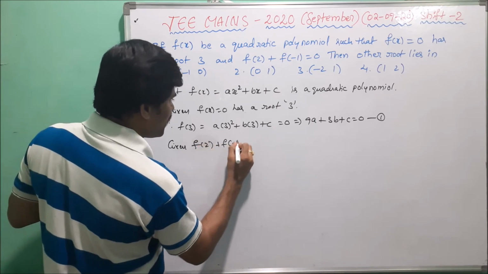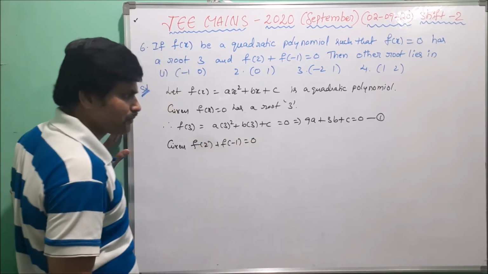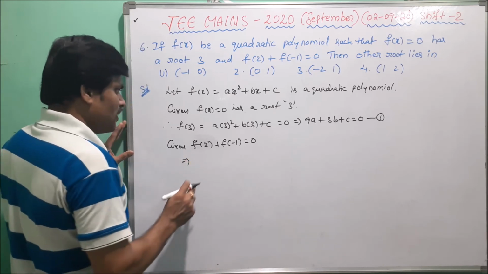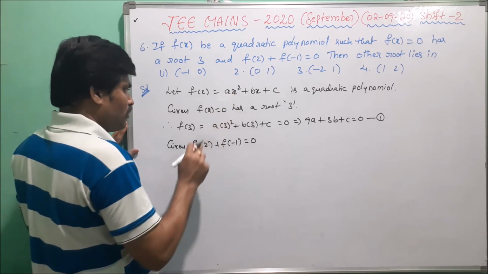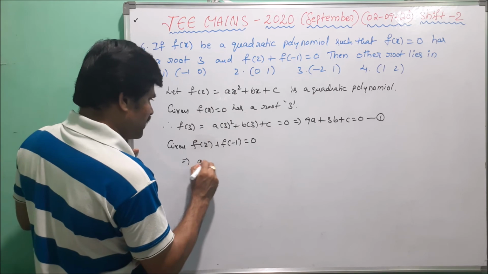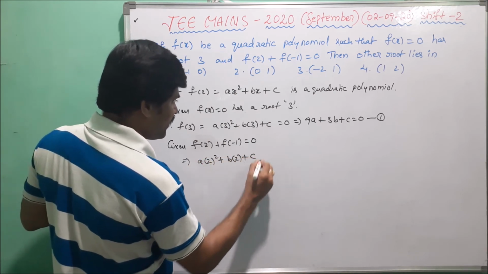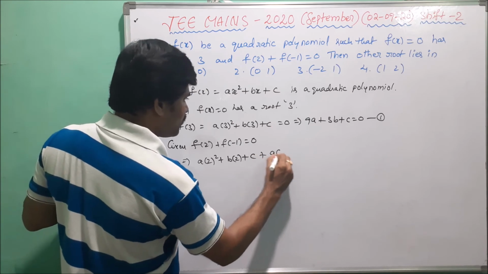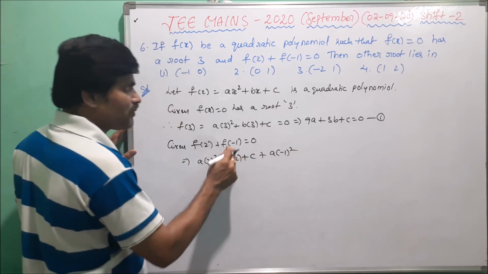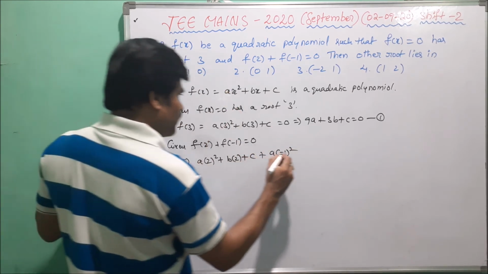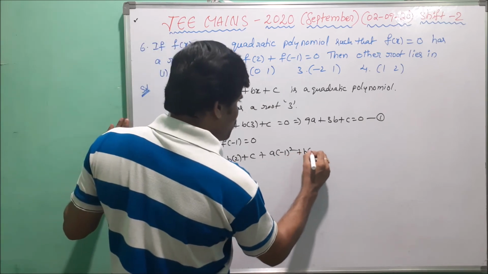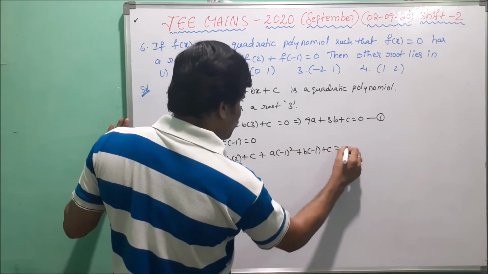Which implies, substituting 2 in x, a into 2 square plus b into 2 plus c, plus f of minus 1, that is a into minus 1 whole square plus b into minus 1 plus c, equal to 0.